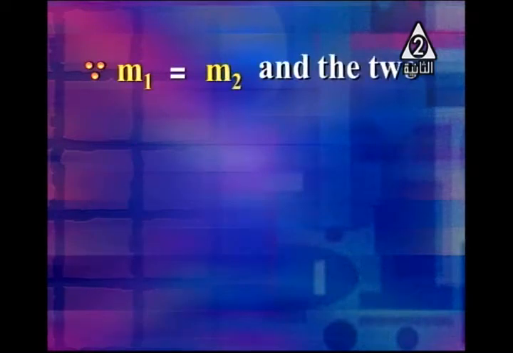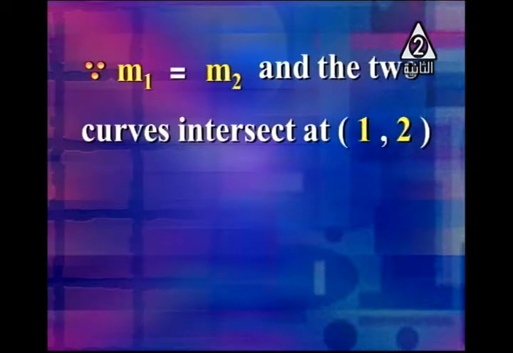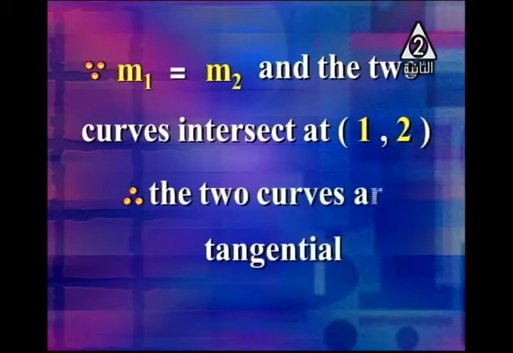What did we find, dear student? m1 equals m2, each one is equal to 1, and the two curves intersect at the point (1, 2). Then we deduce that the two curves are tangential. Remember, dear student, two curves being tangential means they have one common tangent at the point (1, 2).